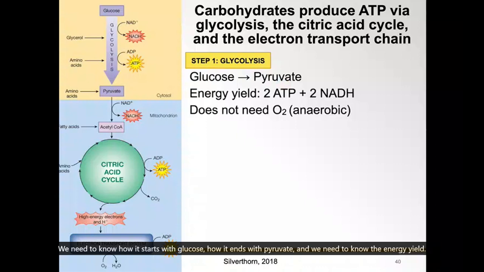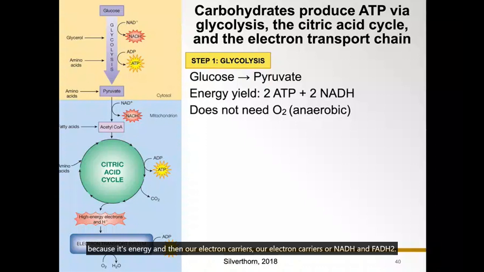And we need to know the energy yield. So how much energy are we actually producing through this pathway? When we talk about energy yield, we'll focus on basically 3 main molecules. ATP, for obvious reasons, because it's energy. And then our electron carriers.